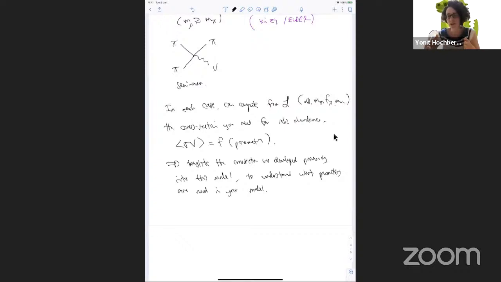Once I have a particular theory, I write out all of the diagrams that are relevant. I compute what the processes are, in terms of the parameters of the theory. Of course, depending on what the parameters are, it might be that one process is more important than another. Then you can match that onto the general case, at the mechanism level, of the cross sections that we developed to explain the relic abundance.